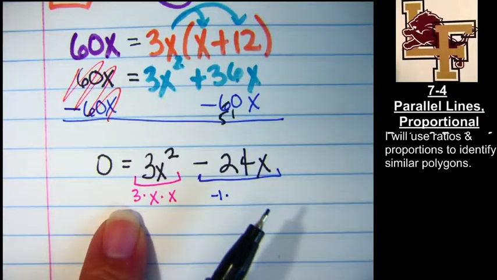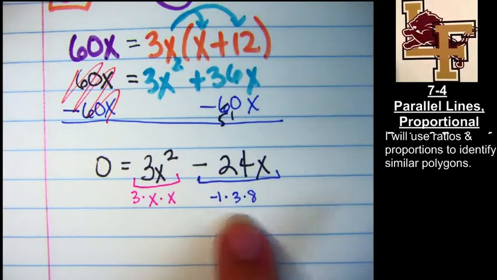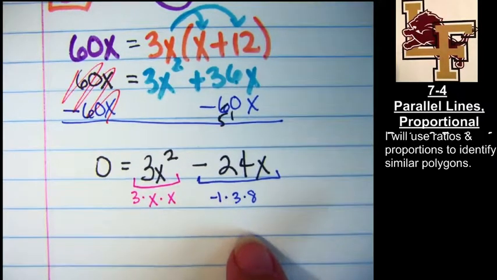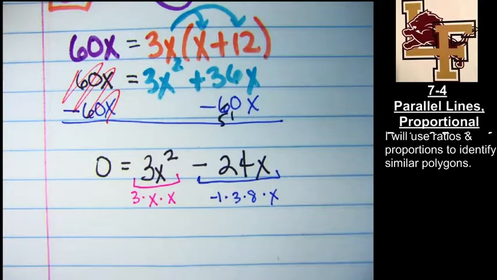Does 24 have 3, Ethan, as a factor? Yes. Okay, so 3 times what is 24? 8. Good. So I'm going to write 3 times 8. And so these three numbers, negative 1 times 3 times 8, that's negative 24, times x, because I still have that x sitting there. I've listed all the factors. Is that okay?